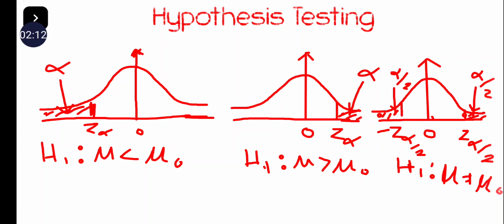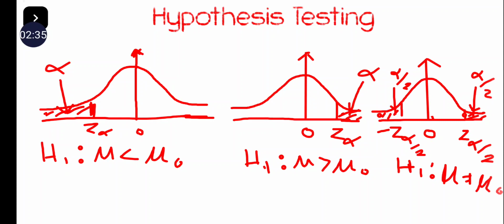Likewise, when testing hypothesis, we need to know the level of significance that we'll be using, which is denoted by alpha. The level of significance is simply the probability of making a type 1 error.